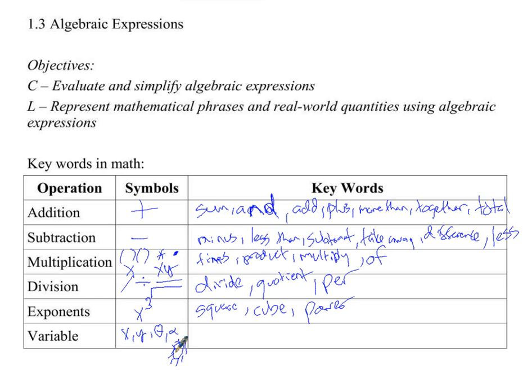So, keywords for variable. There are a couple. The number. They might just come right out and say a variable or the volume V. That's kind of giving it away, but generally a number. And then the other key word that I want you guys to know is per again, or each, or a day.